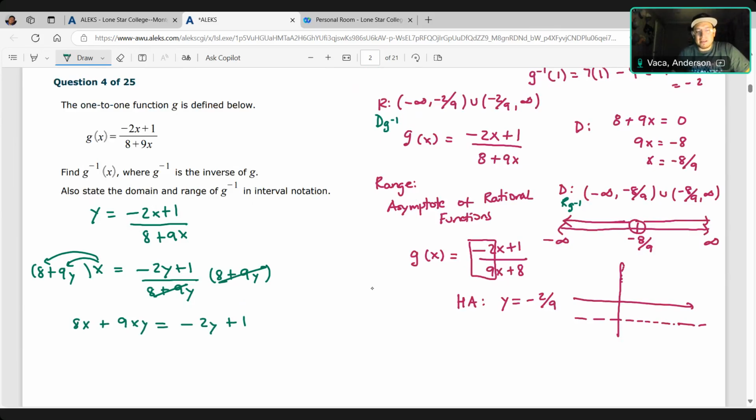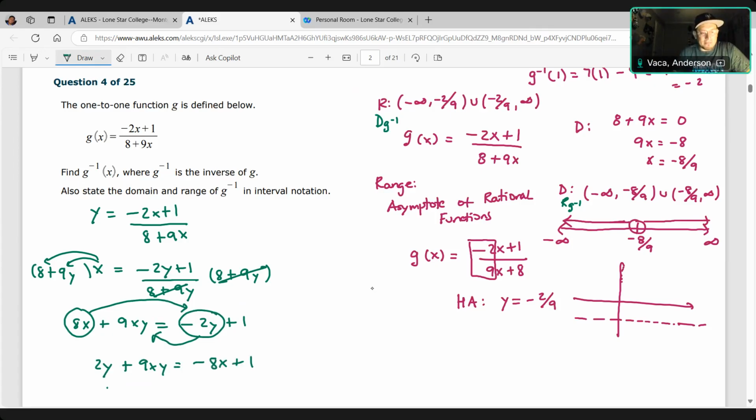My goal will be to get everything that has a y on the same side and everything that does not have a y on the other side. Actually, I'm going to move this quantity to this side, and at the same time, I'm going to move this quantity over to that side. Check it out. This quantity becomes positive because it is negative on the other side. This quantity that is positive will become negative.